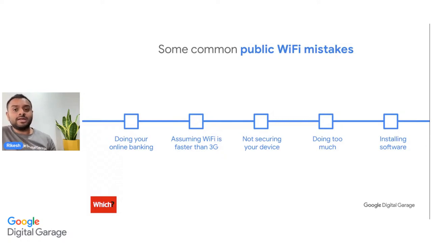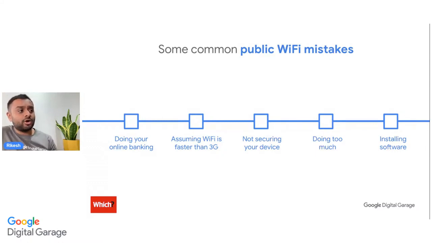Ideally, even if we have a limited amount of data on our mobile plan, we want to make sure that we're allocating our data towards tasks like that when we're out and about and need to do some online banking. Then we don't want to connect to the public Wi-Fi. We want to make sure that we just use our 3G, 4G, or 5G to ensure that we are doing that particular task.